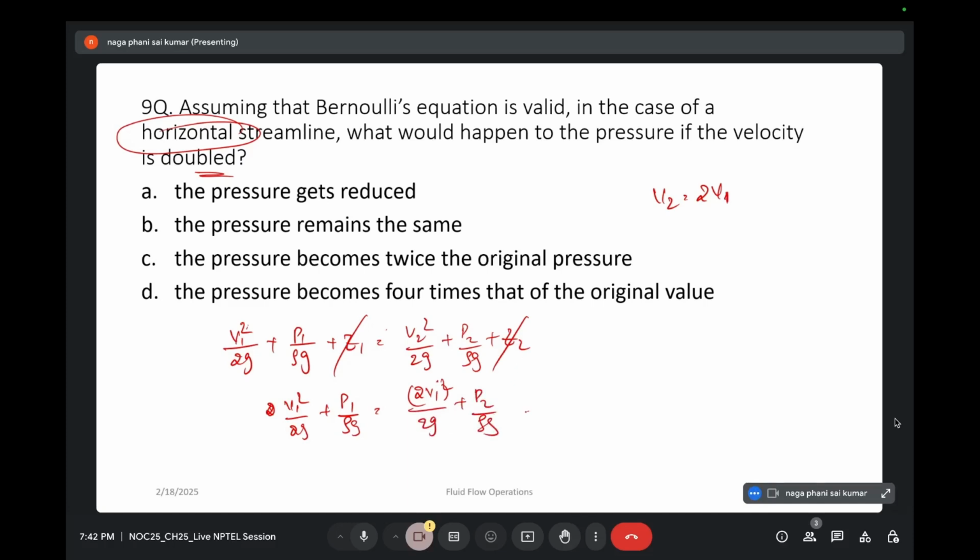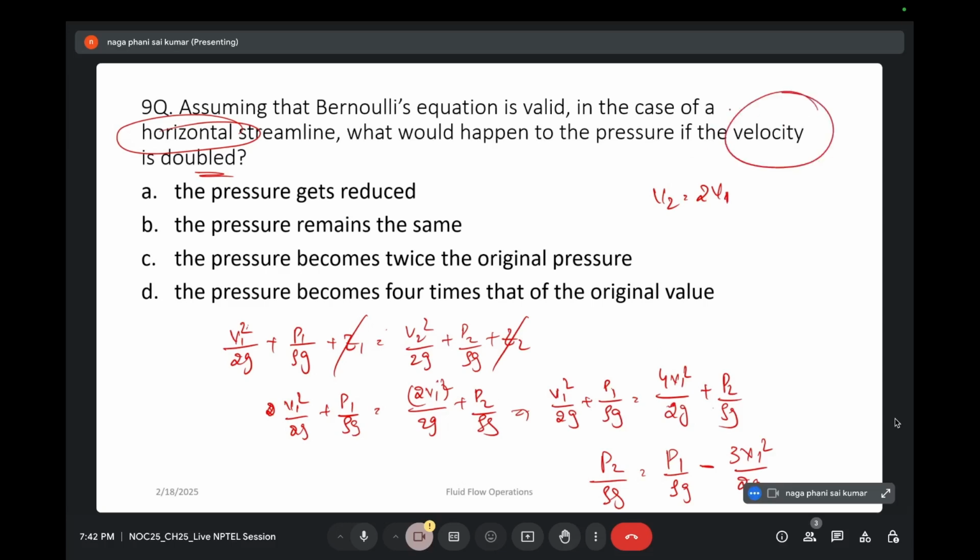So this will give us V1 square by 2g plus P1 by rho g is equal to 4 V1 square by 2g plus P2 by rho g. If you take it to the other side, we get P2 by rho g equal to P1 by rho g minus 3 V1 square by 2g. So if the velocity is doubled, pressure will be reduced.